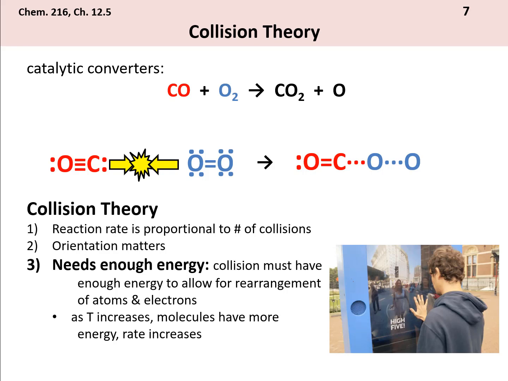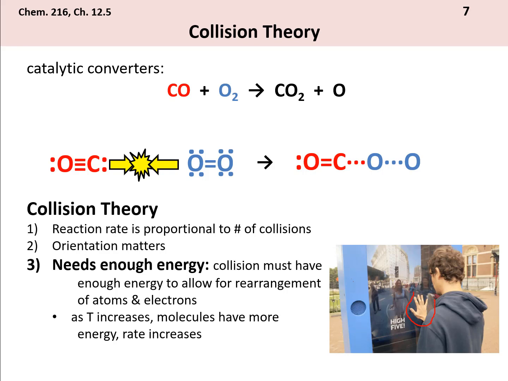Notice this stupid thing, I think it's in London, where someone puts their hand up and someone else puts their hand up, but in order for a high five, you have to have energy, right? Just putting your hands together, that's not a high five, right? You need energy.